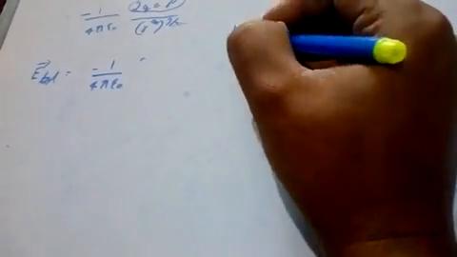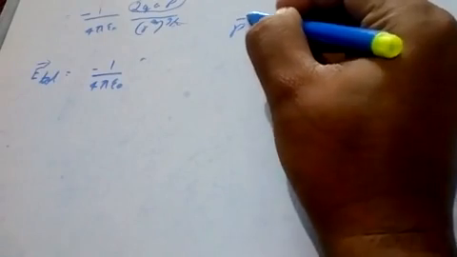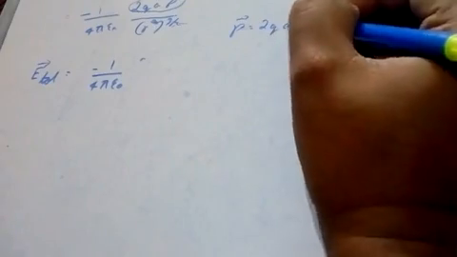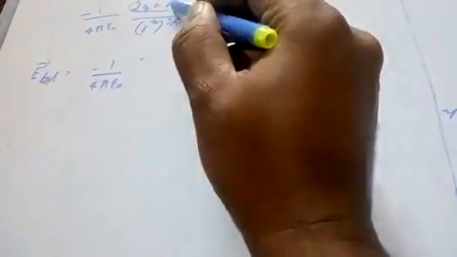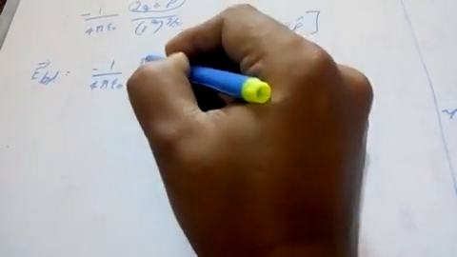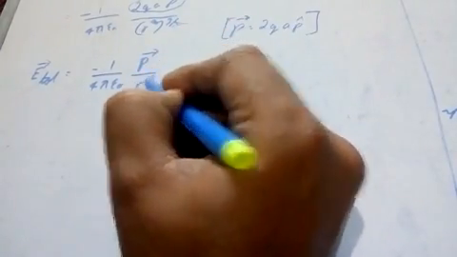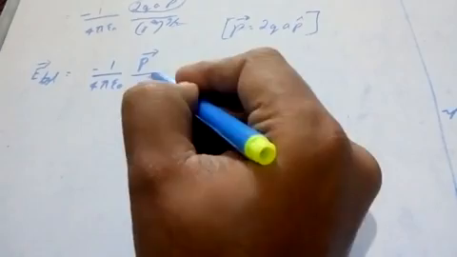That we can write as p vector. Okay, we learned that dipole moment is equal to 2q a and p cap. So instead of writing this term, we can write p vector divided by r cube. Okay, this is r cube.